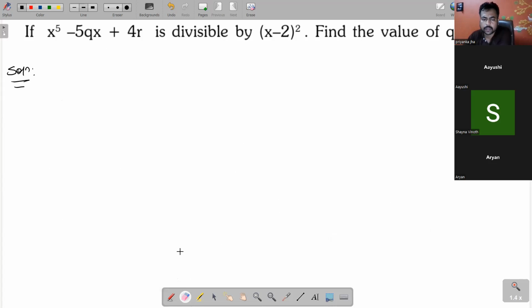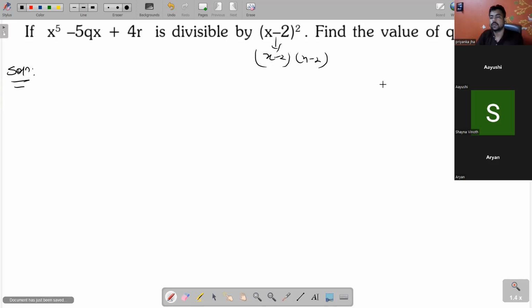Okay, let me remove this. Now you see, the question says that this polynomial is divisible by (x minus 2) whole square. So this is (x minus 2) into (x minus 2). Definitely this polynomial must have x minus 2 twice. Then only we can say that it will be divisible.